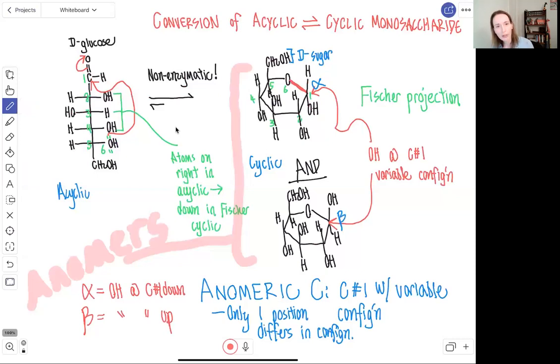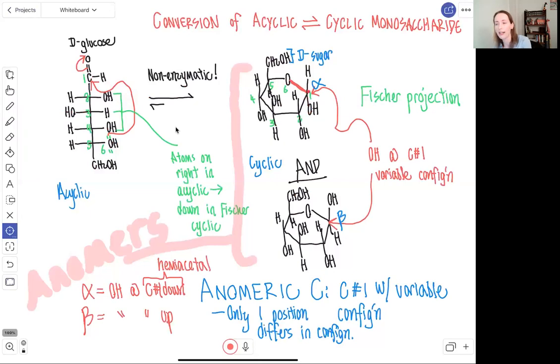We could also keep in mind functional group terminology as a throwback to some of your organic chemistry. Keep in mind that the functional group that's present here at carbon number 1 is a hemiacetal. So you could also refer to this as the hydroxy group orientation at the hemiacetal functional group. A hemiacetal functional group was a functional group where you have a hydroxy group directly bonded to a carbon and an ether group bonded to that same carbon.